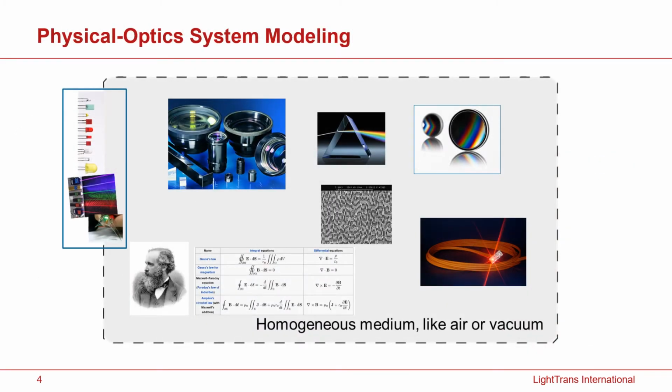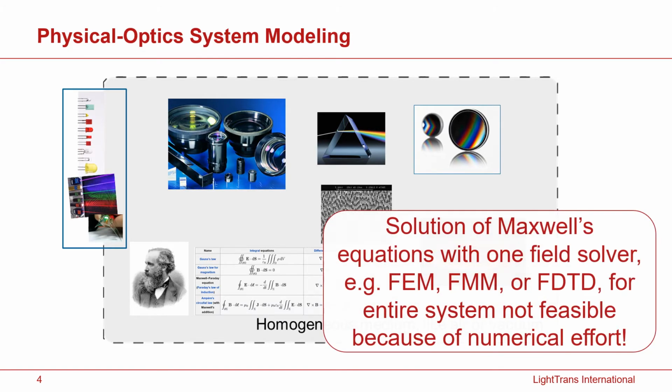If we talk about physics optics modeling, what we mean is to solve Maxwell equations for the whole system. But VirtualLab is not a single solver software. It's not like the finite element method or finite difference time domain method. It is a platform that contains different methods on board.